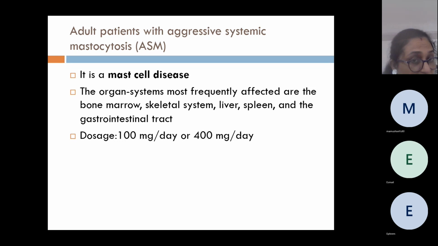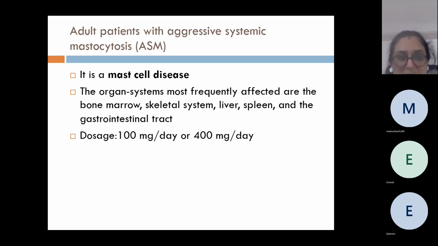Mast cells, if they become excess in number, then a condition called mastocytosis arises. And because of this, what happens? The organ systems most frequently which are affected because of increase in the mast cells are the bone marrow, skeletal system, liver, spleen, and the gastrointestinal tract.